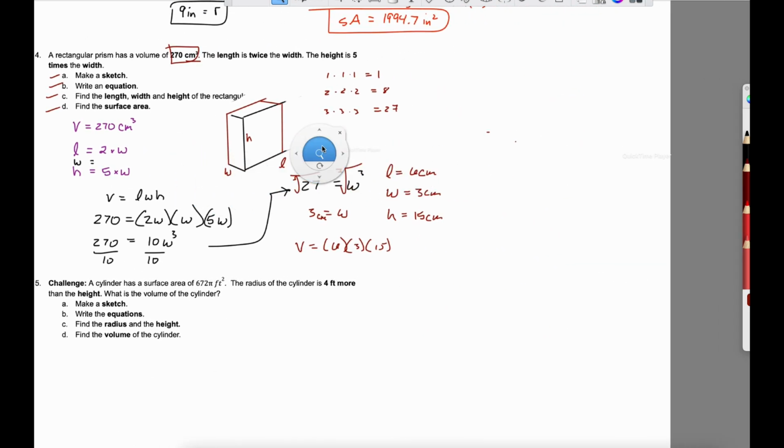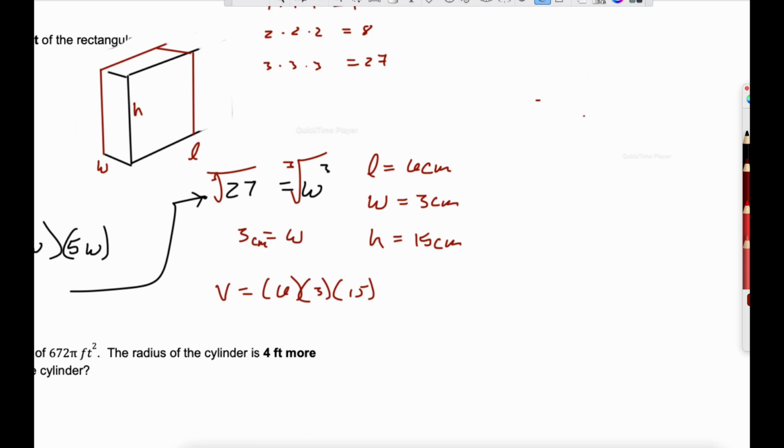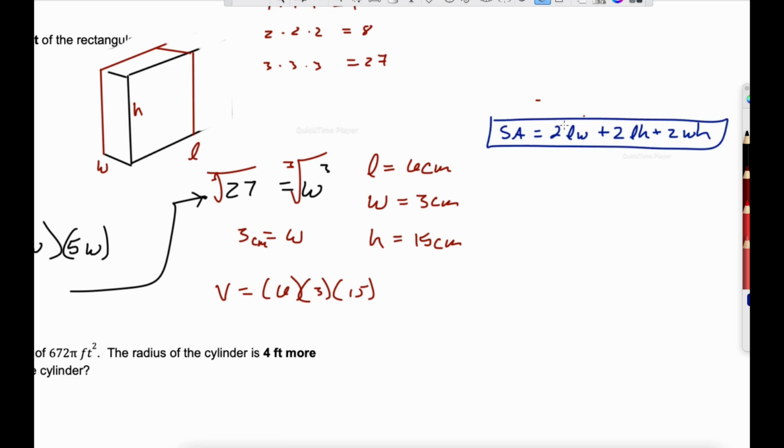So, surface area of a rectangular prism. We've got 2 length widths, we have 2 length heights, and we have 2 width heights. If you want to make a net, you can. But if you recognize that we've got 6 sides with 2 pairs, a pair of length and widths, a pair of length and heights, and a pair of width and heights, the equation is a little bit more streamlined for your work.